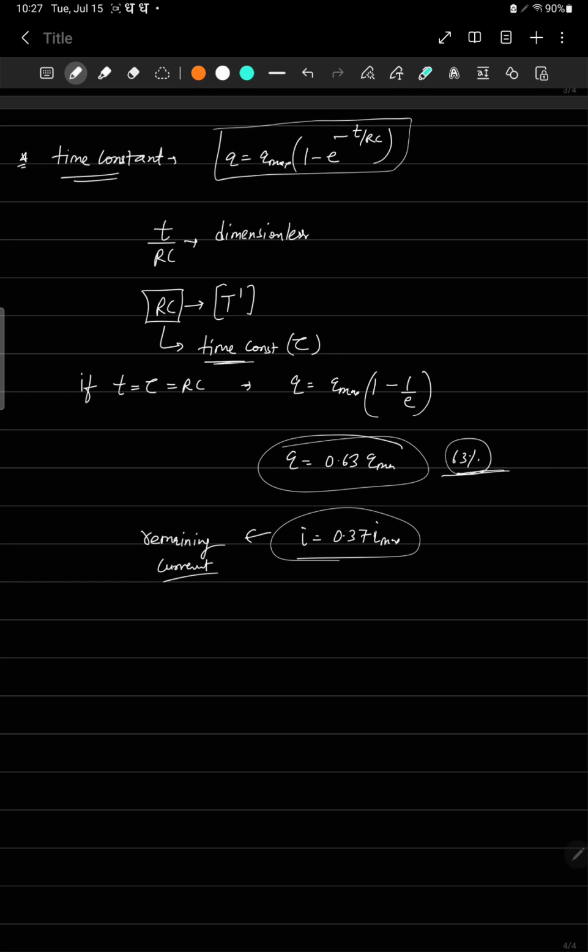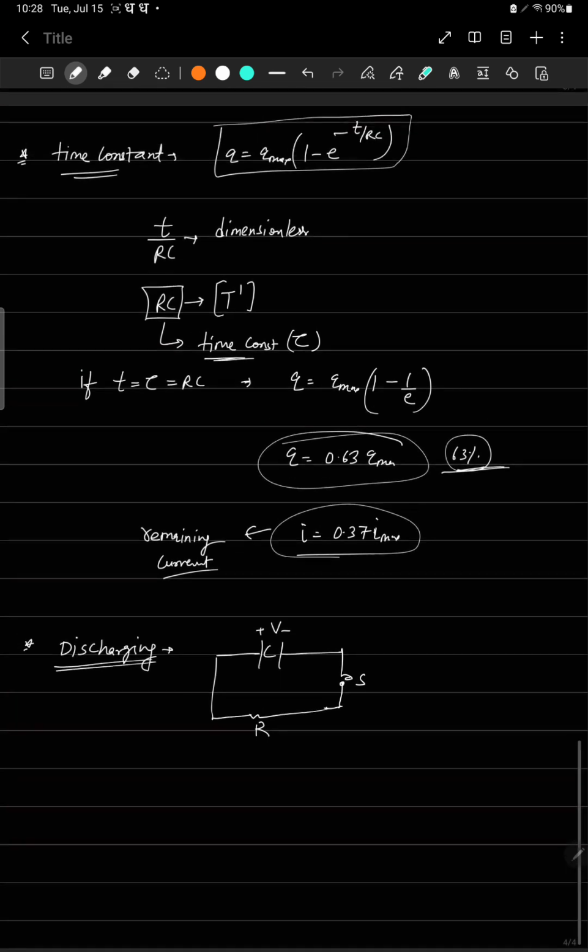On the same side we have another case where the capacitor is discharging. In the case of discharging, we'll be having a capacitor which is fully charged and connected with the resistor, with the switch. What will happen here?